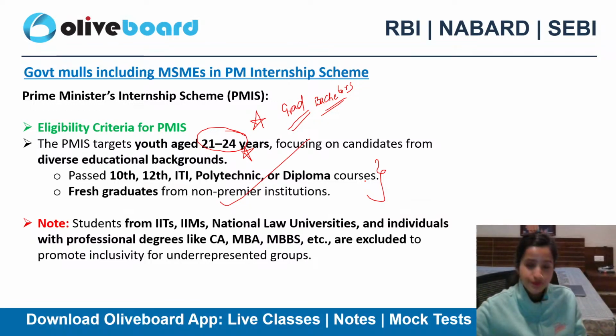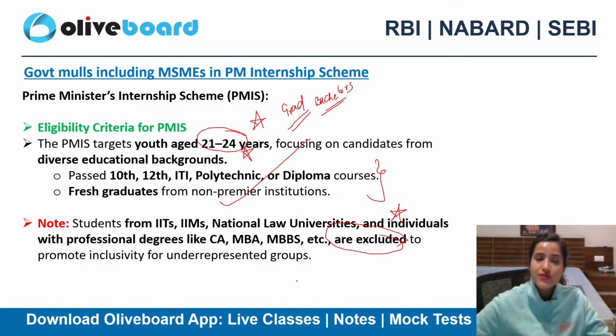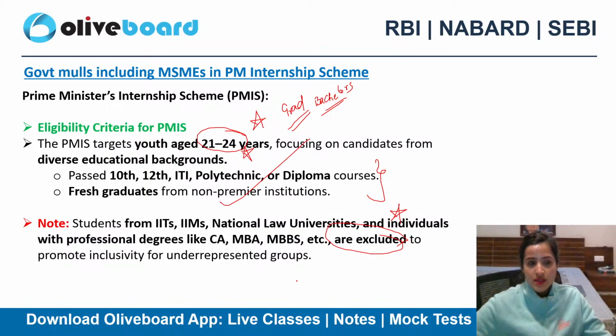Right? Okay. Students from IITs, IIMs, national law universities, and individuals with professional degrees like CA, MBA, MBBS, they are excluded. So this can also be asked. What kind of individuals are excluded? Students from IITs, IIMs, national law universities, individuals with professional degrees like CA, MBA, MBBS, so that you can promote inclusivity for underrepresented groups.